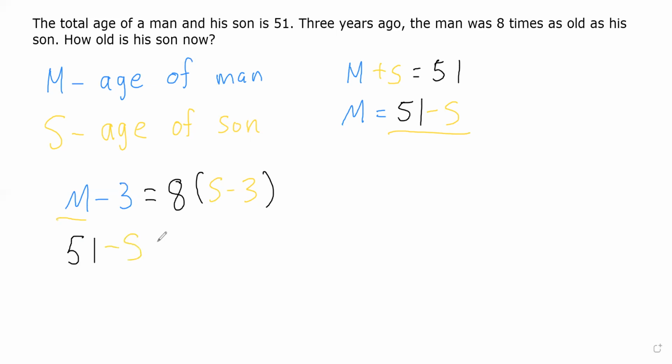We have a minus 3 right here. This is equal to 8S take away 24. 8 times 3 is 24.